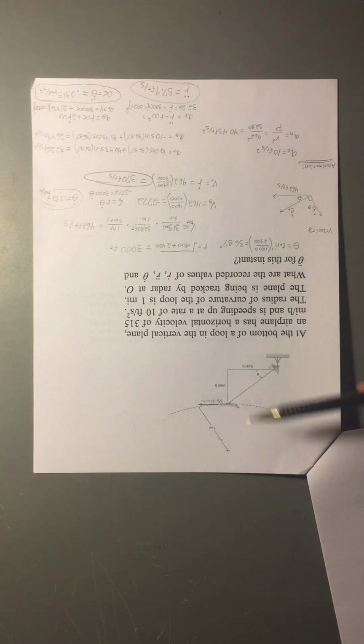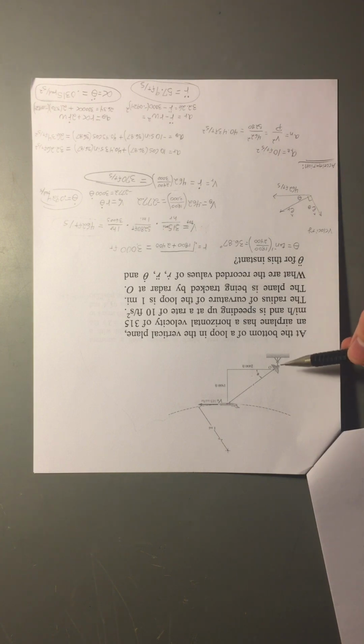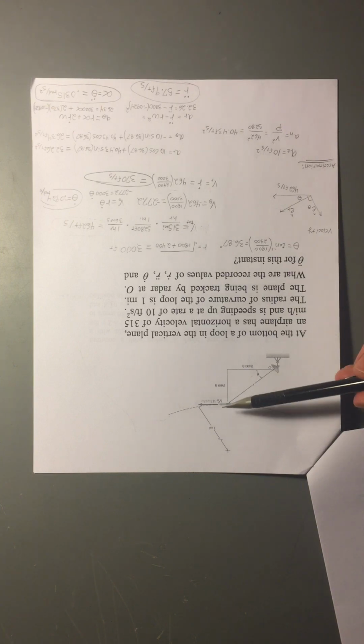So on this problem we have this airplane here that's making a loop, and the problem tells us that the airplane's right at the bottom of the loop where it's horizontal, and it has a horizontal velocity of 315 miles per hour. The question is that we want to know the recorded values from this antenna dish here. The first thing I did was find this point right here in polar coordinates.